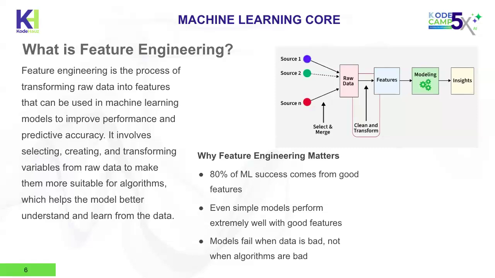So you transform these variables from raw data to make them more suitable for algorithms, so it helps the model to better understand and learn from data. That is basically what feature engineering is. It's all of what I said, but this is a way of concisely stating it.